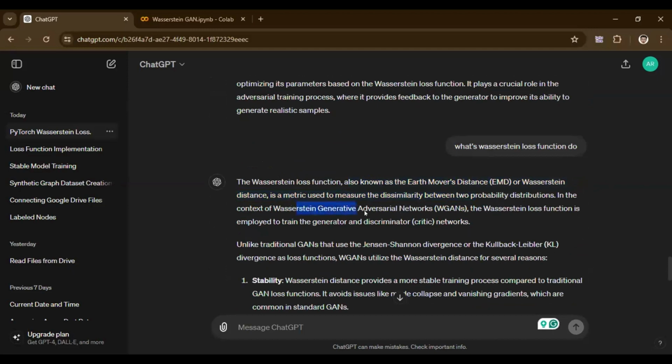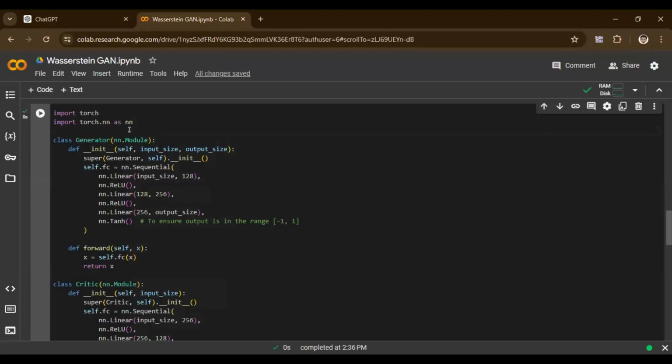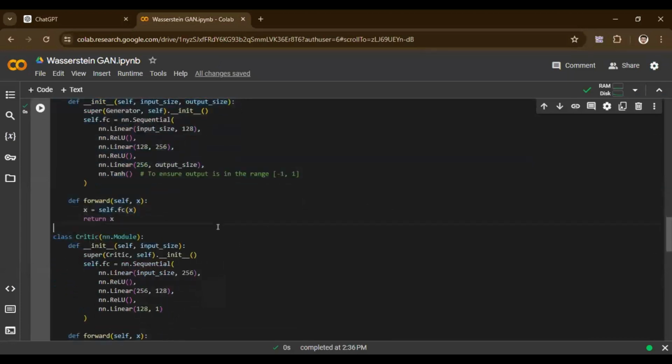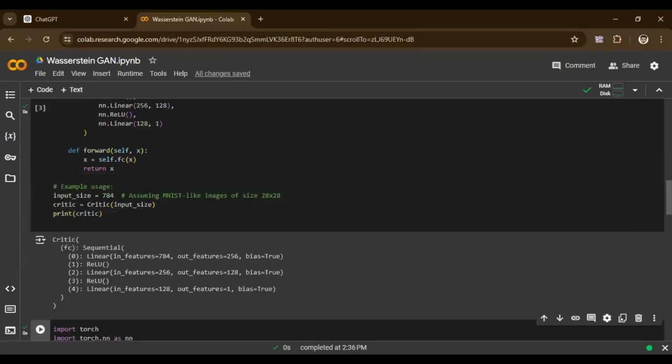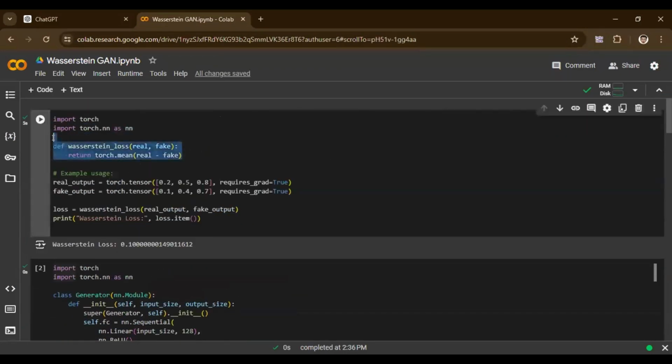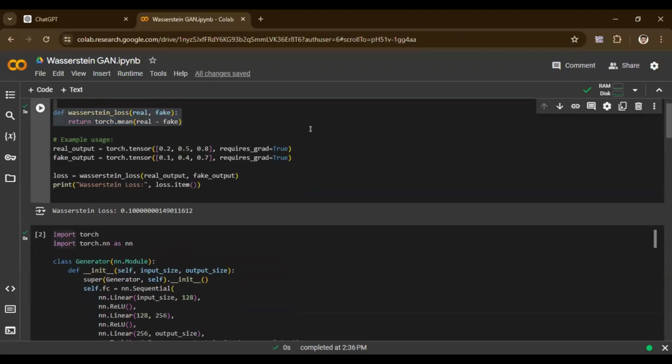In the context of GANs, the Wasserstein loss is deployed to train the generator and discriminator. So to check if the generator and the critic are doing a good job, we define this Wasserstein loss function by calculating the difference of the means of real and fake.